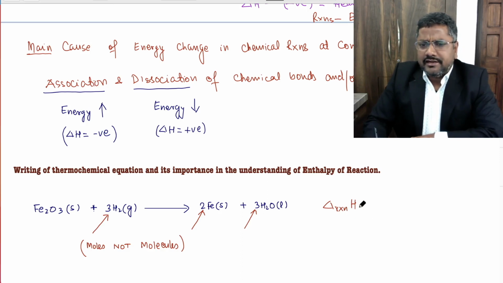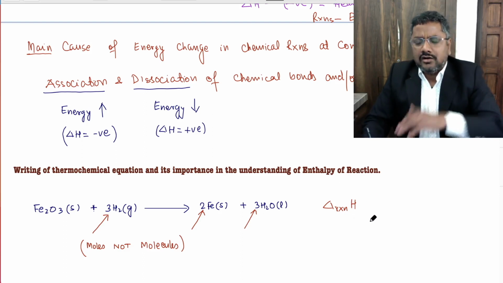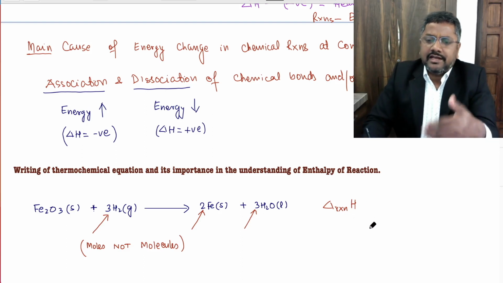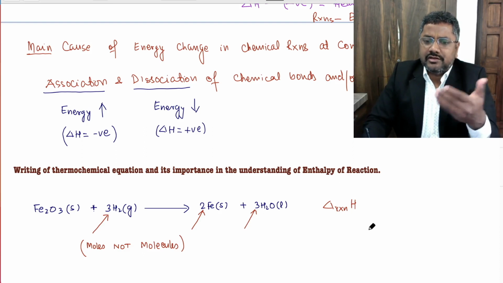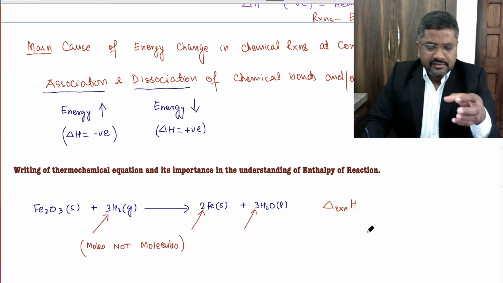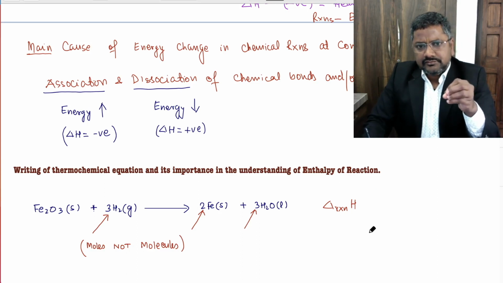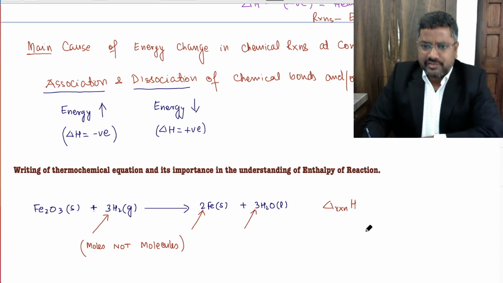Although in casual approach many people write delta H reaction or whatsoever specific reaction like combustion, formation, neutralization, people have a tendency to write delta H combustion.